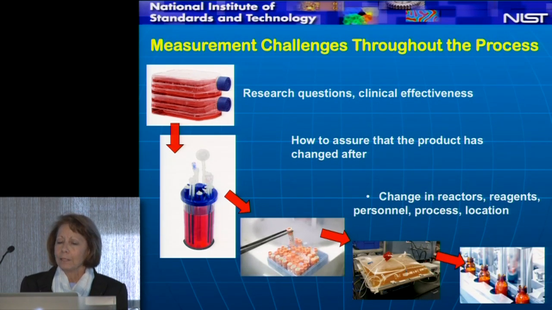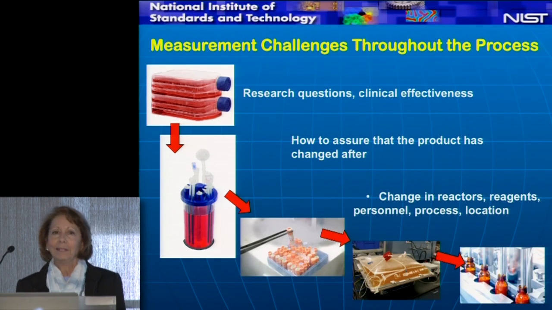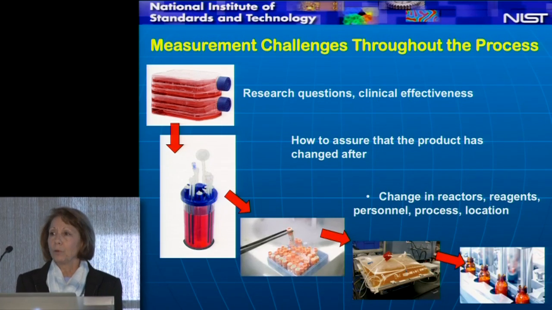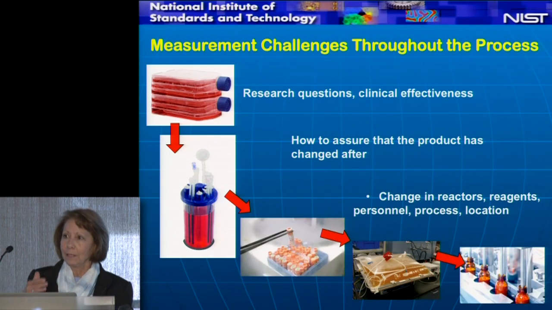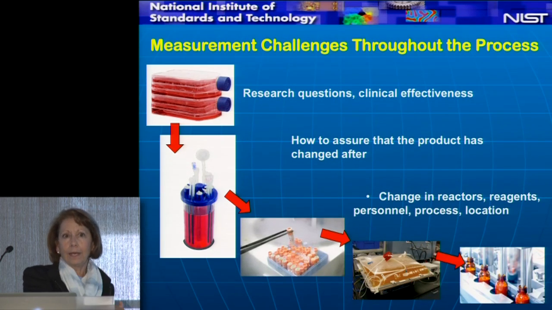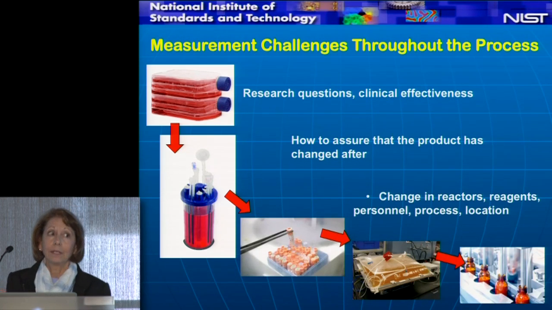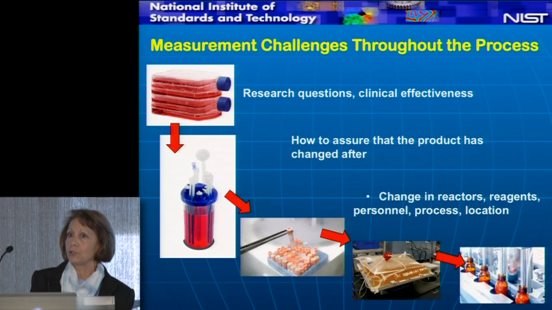And so it gets very complicated. But one of the things that is satisfying about dealing with this community is that they really know how important it is to have that comparability and to have that confidence in what they know about their product, so that they can always go back and say that they have the product today that they had a year ago, even if they've moved manufacturing facilities, have a completely different set of technicians, and their entire manufacturing pipeline has changed.